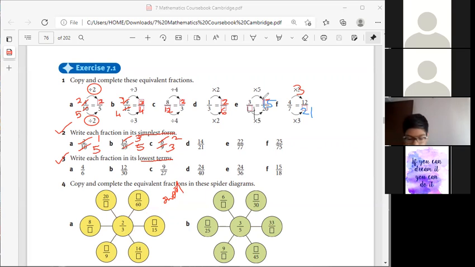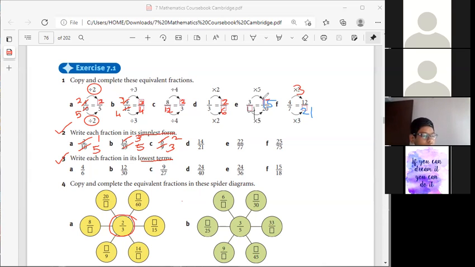Mohammed, see, what they have given us is 2 upon 3 in the center. Can you see that better? Now we are supposed to make all the fractions equivalent to 2 upon 3. Now 2 upon 3 by itself is in its lowest term. Correct?